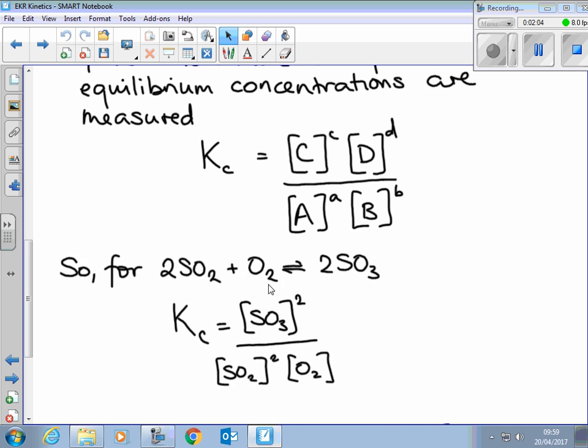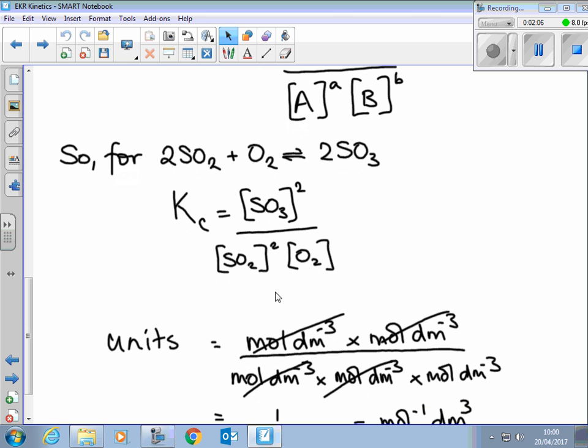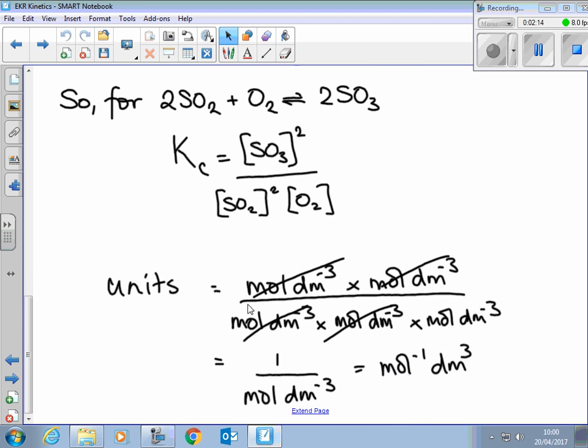So we had as an example the contact process one, where sulfur trioxide was the product from sulfur dioxide and oxygen. And we did the same playing with units, didn't we, as we'd done with the rates, and the only thing that was missing from this was per second. That was the only difference that we had there. Otherwise, we were doing the same thing.